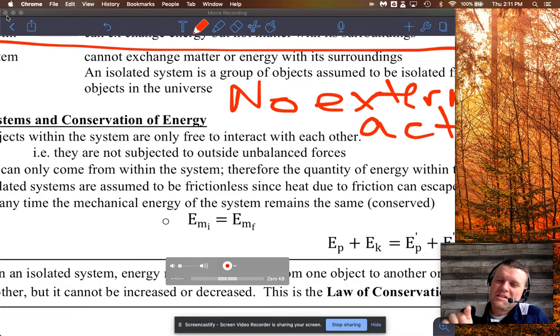If it's an isolated system, like the skateboarder in the park, then it doesn't matter which 2 points you compare, the total mechanical energy will be the same in both points.